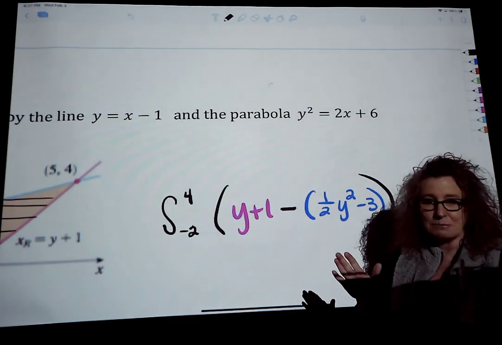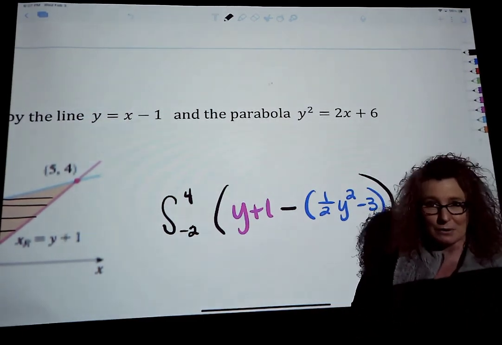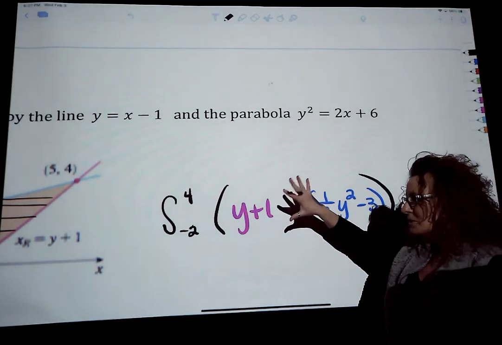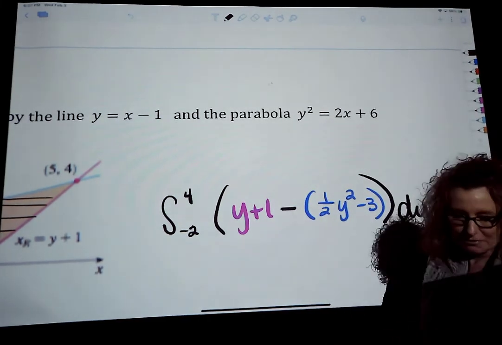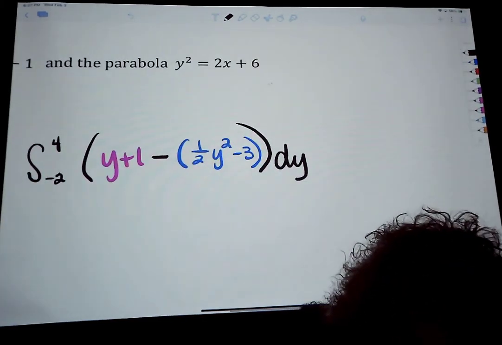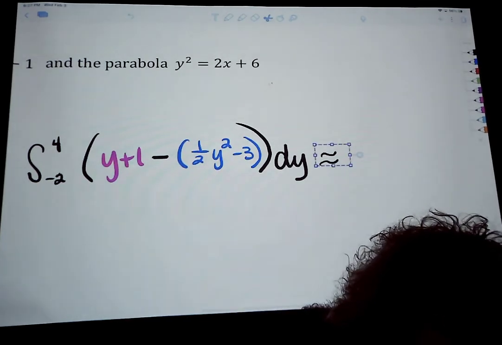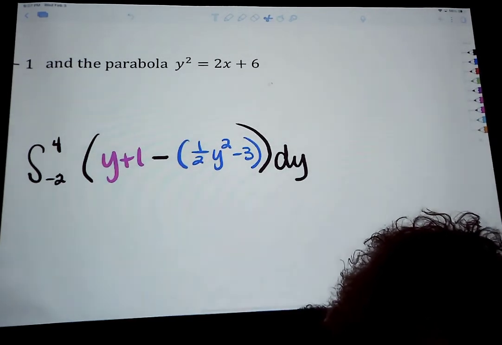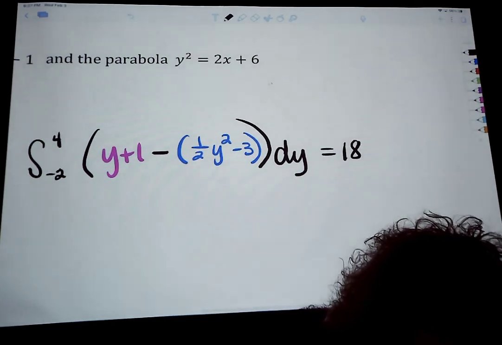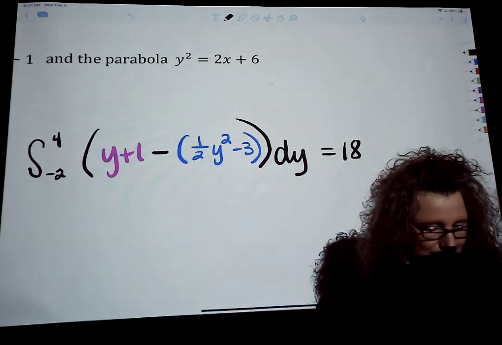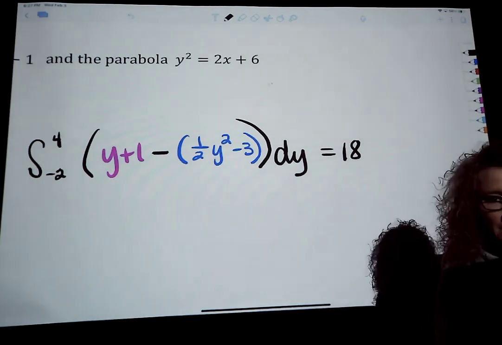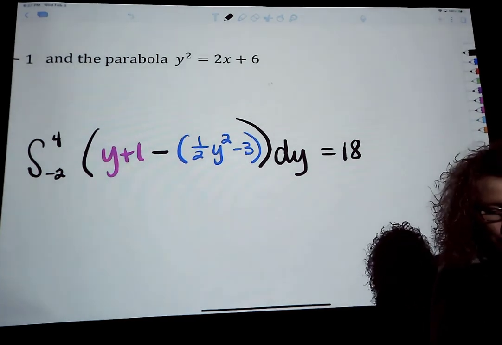It's up to you. You know what your strengths and weaknesses are. You can type it in like this or simplify it a bit. Either way, I got, no, I didn't get approximately, I got 18. All right, there you go. Use your graphing calculator tonight.